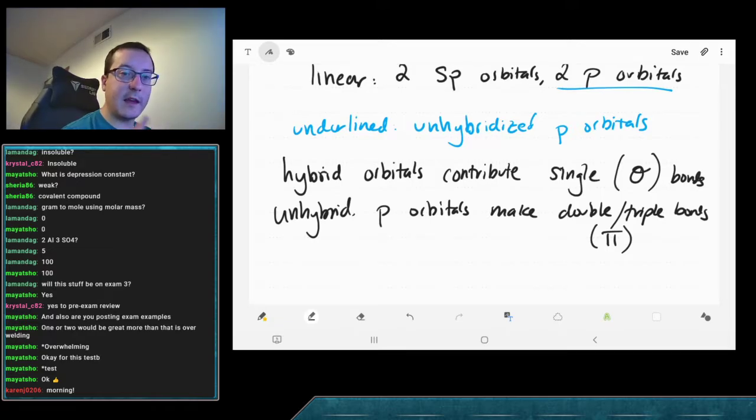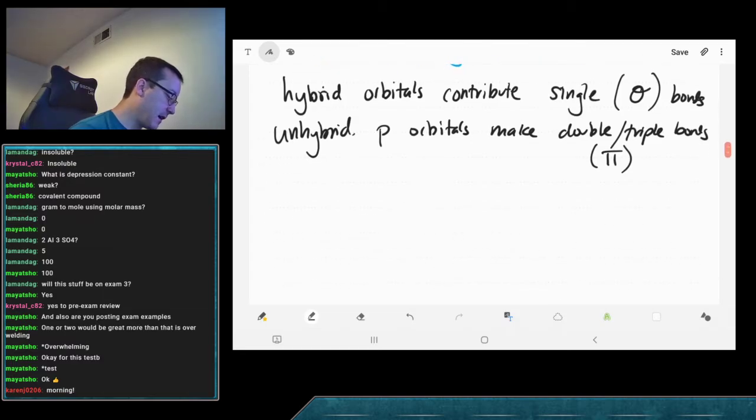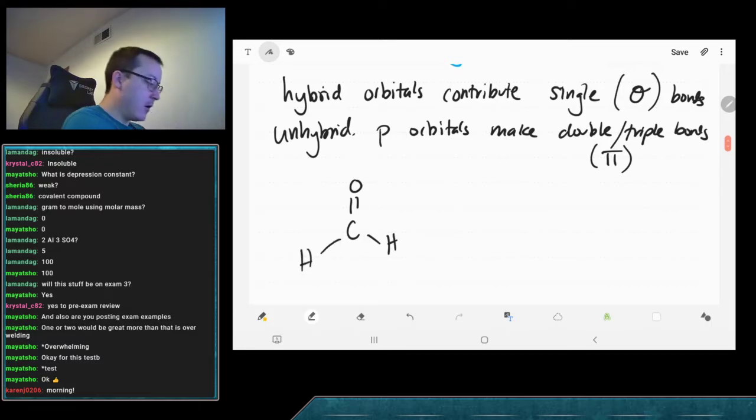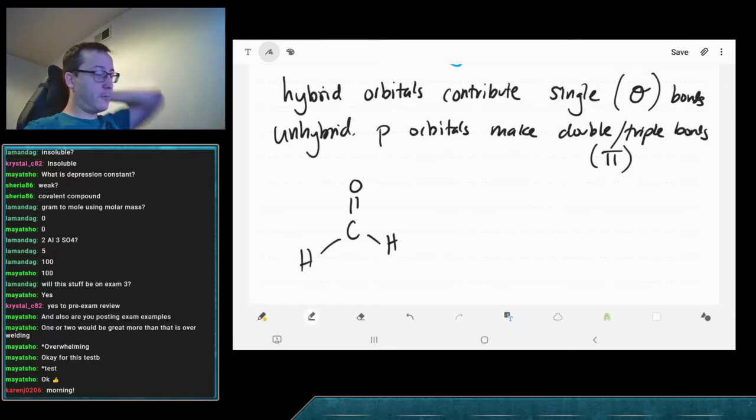So let's take a moment here to look at a few molecules. Looking at formaldehyde here, what kind of geometry is this going to have? We're looking at the central atom, of course.